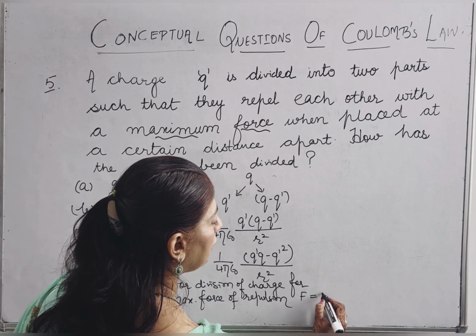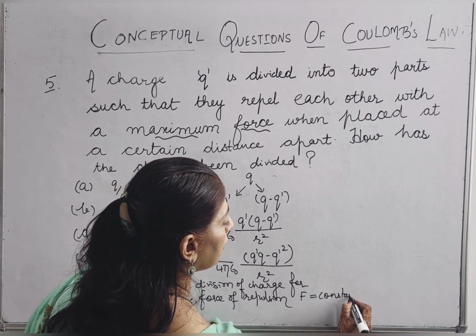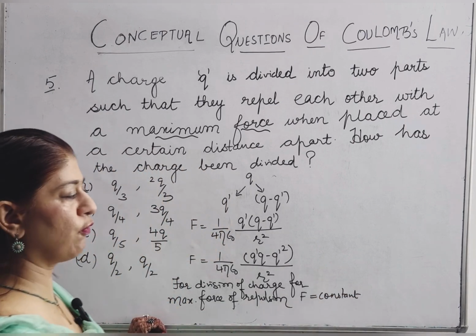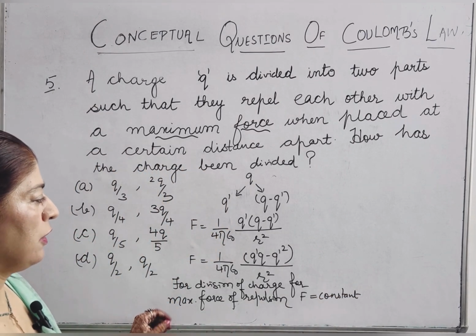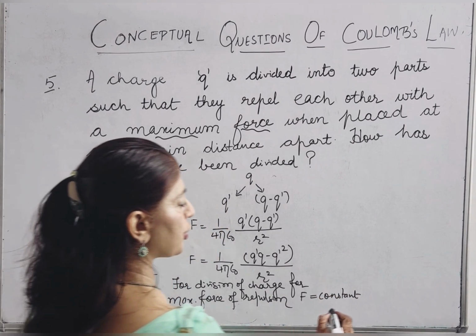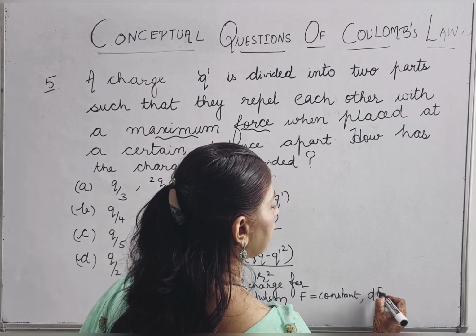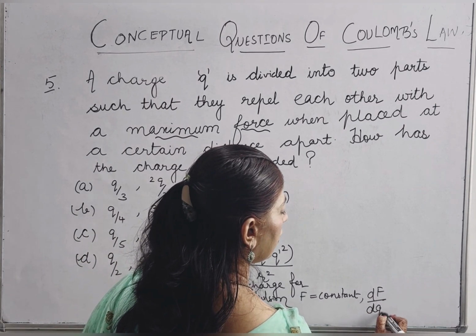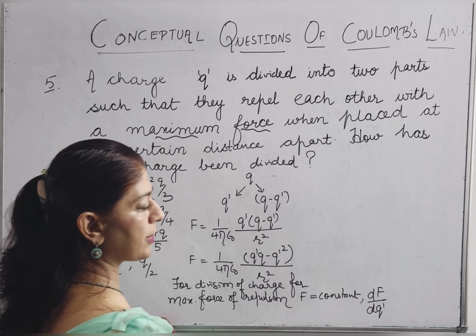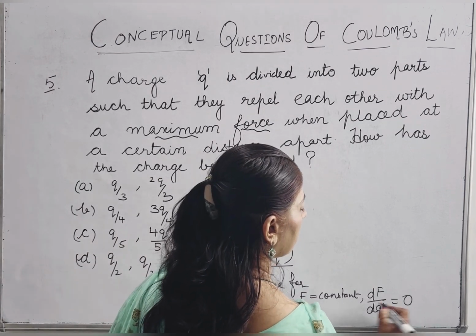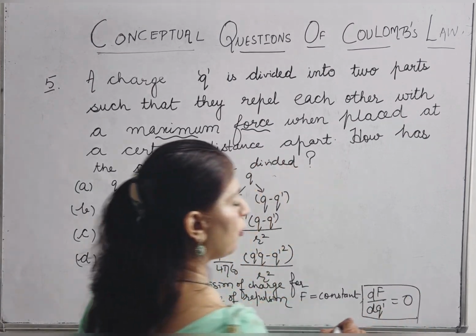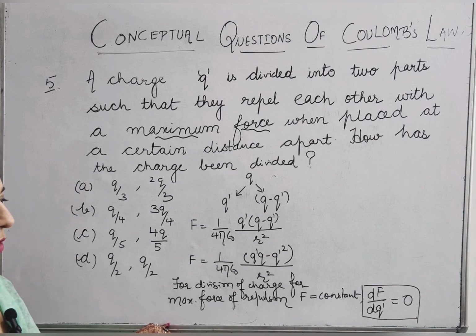F will be constant. One particular value of force will be there. So our change with respect to Q dash is going to become 0 for F constant.